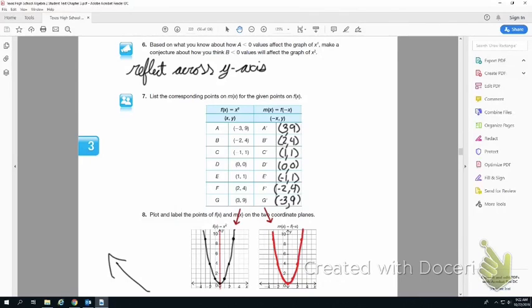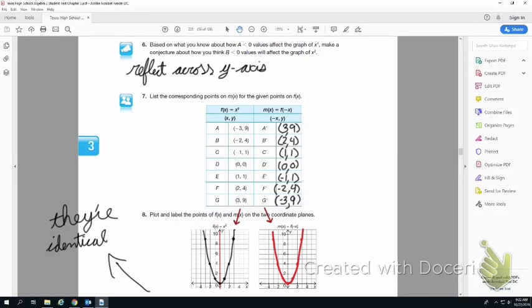Okay, they both have the same vertex. Meredith, what's up? They're the same. Okay, they're exactly the same. So just that reflection really isn't going to change how the parabola looks.